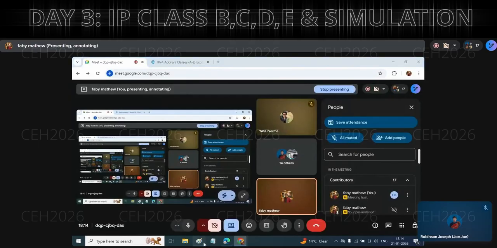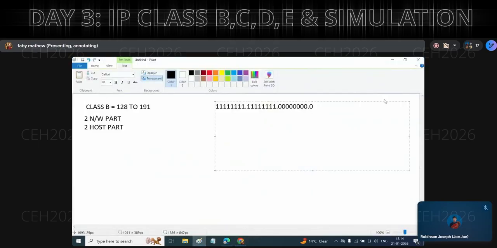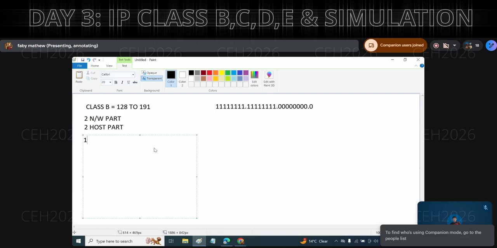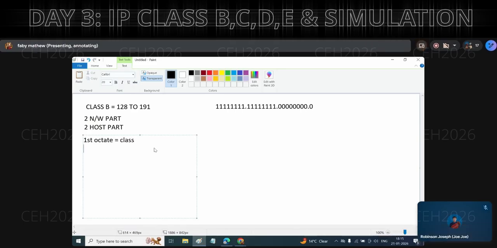It means the first octet represents the class. We put a value between 128 to 191 in the first octet, always, in each and every class.